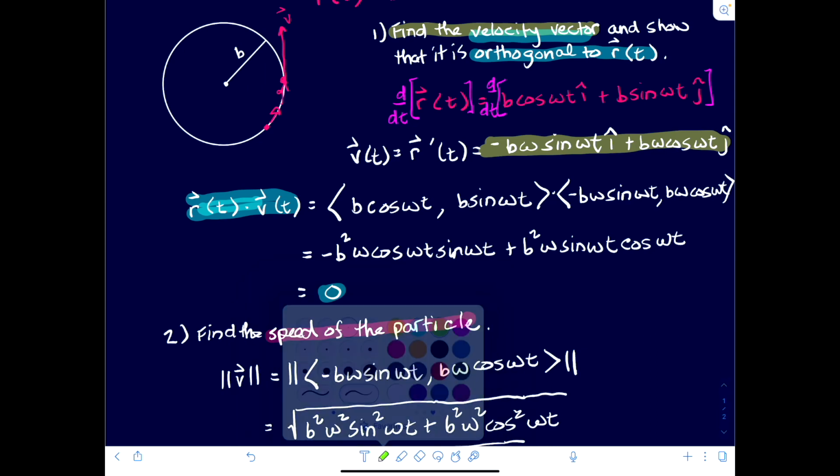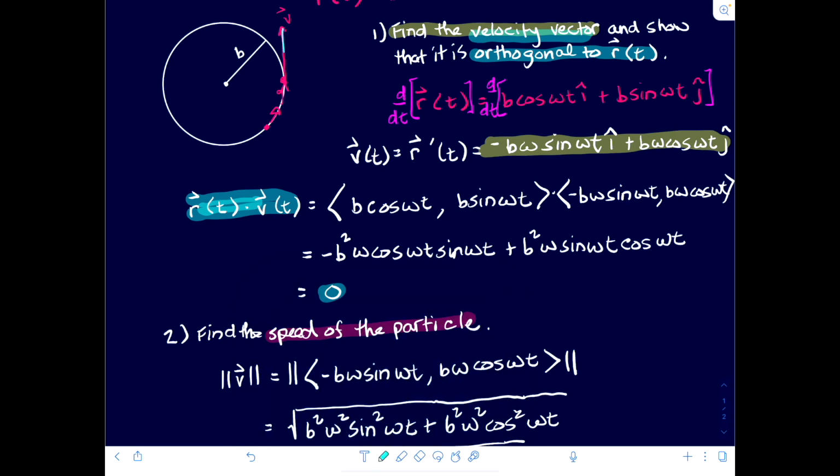Actually, I'll draw that in a different color. This would be our velocity vector v. Cool, cool. This would be another velocity vector v. Call that first one v1.